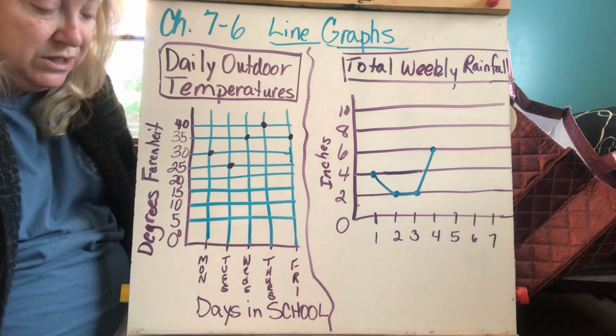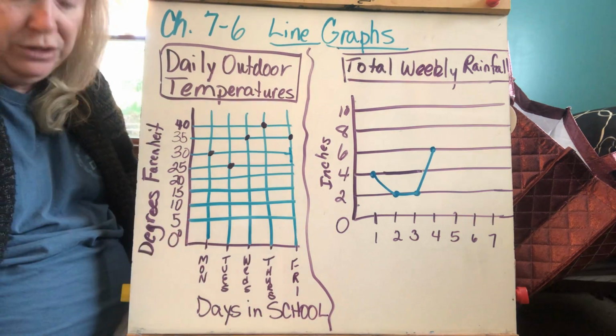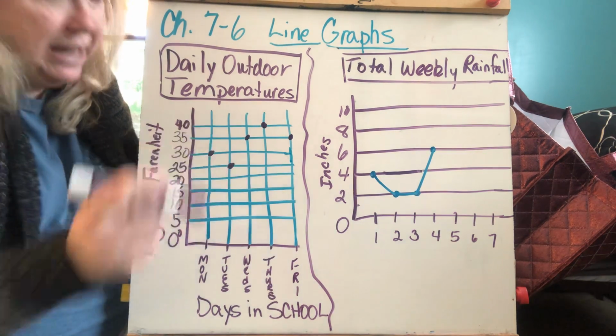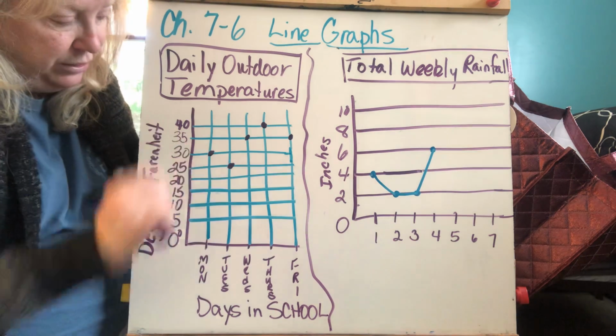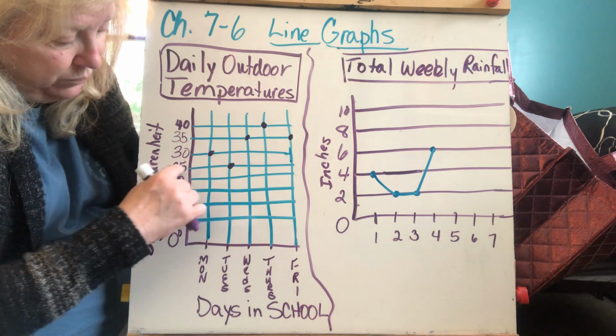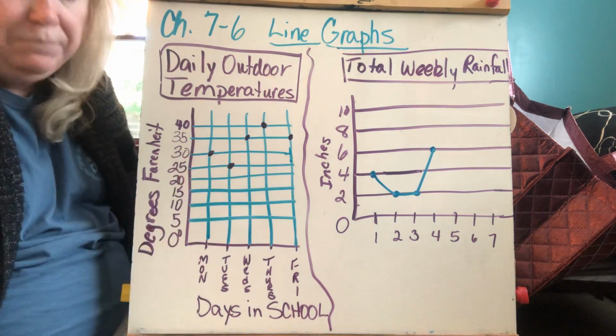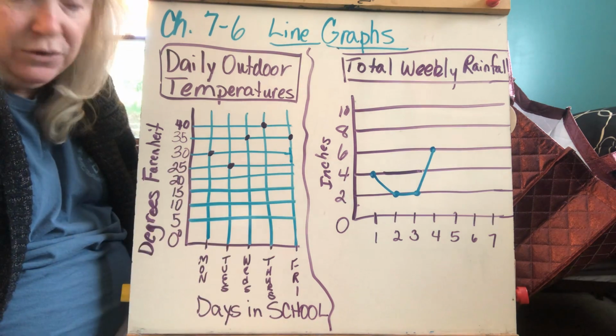And what they did was they took the temperature at 10 o'clock on Monday, and it was 30 degrees. So they put a dot on the graph over Monday at 30 degrees. Then Tuesday at 10 o'clock, they took the temperature, and it was 25 degrees. So they put that point over Tuesday at the line that shows 25 degrees.